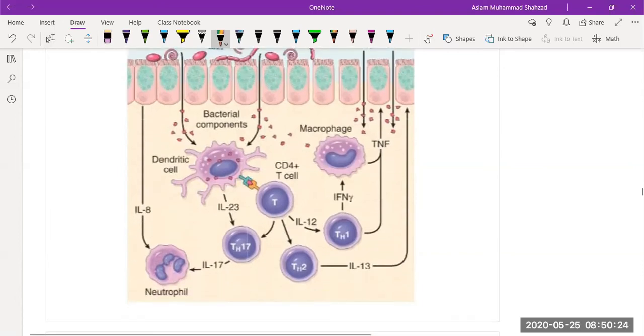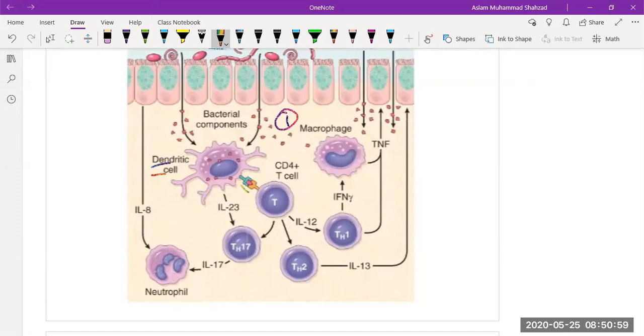Then they activate macrophages and tumor necrotic factors. With the initiation of the macrophages and the bacterial components that go inside, they react with the dendritic cells, and they form a complex with the T cells, which we know is used as adaptive immunity.